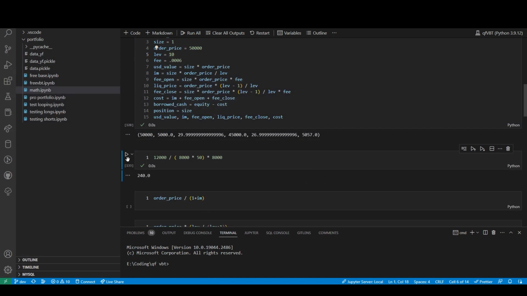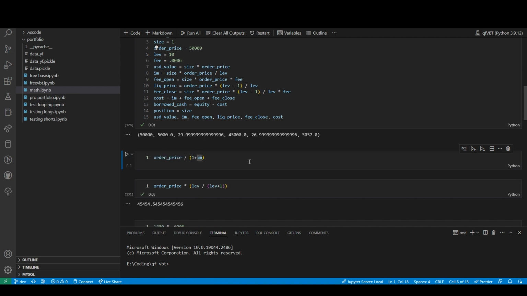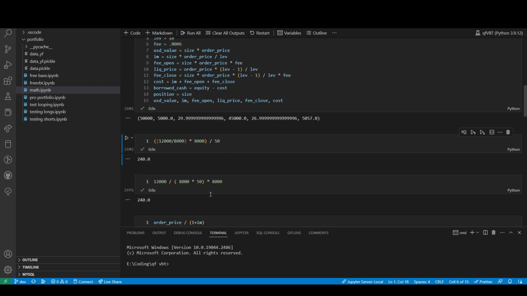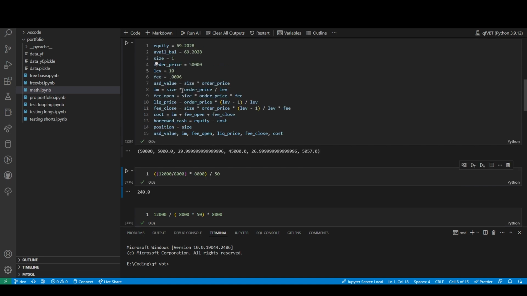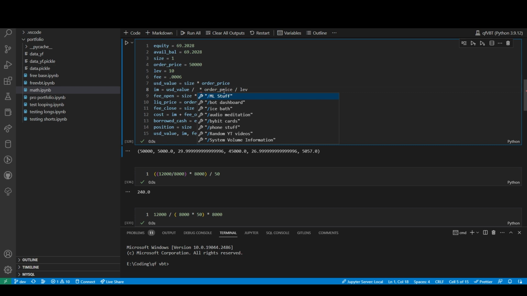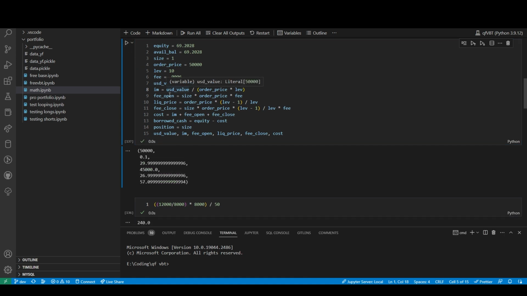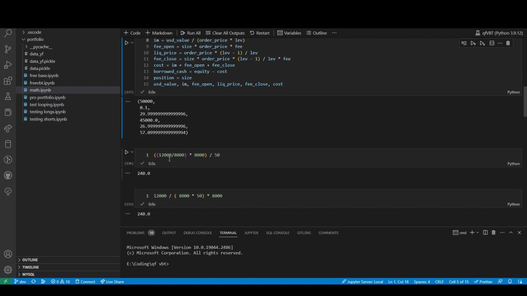So my initial margin has to be the USD value divided by order price times leverage. All right. That's what I'm doing here.